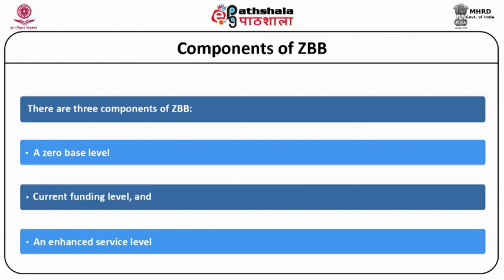Then the second important point which needs attention in this case is the focus. Focus of traditional budgeting is on increase or decrease of the expenditure, while in case of zero-based budgeting, the focus is on cost-benefit analysis. Then the third point relates to the emphasis.